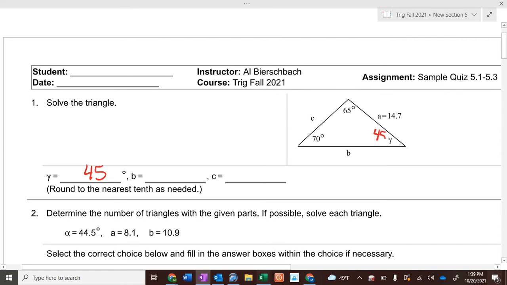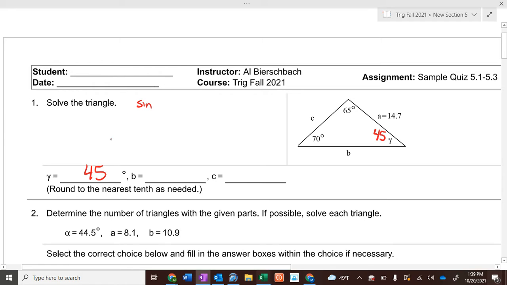And now that we have 45 degrees, we can find C eventually, but let's find B. Okay, to find B, it's the law of sines, because we have opposites.